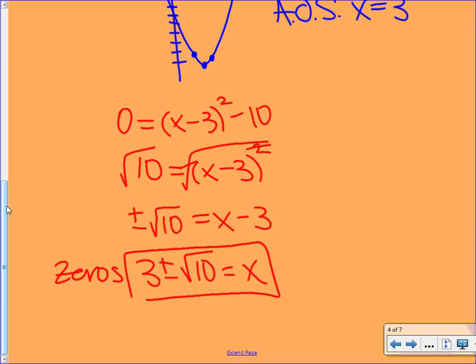You will be asked to do that in your homework tonight. Don't go back to the original problem and do the quadratic formula or factor or whatever. When we have this in standard form, it's an easy 3-step problem. Move your h over, square root both sides, or move your k over, square root both sides, move your h over. Okay, 3 steps maximum. That's nice.